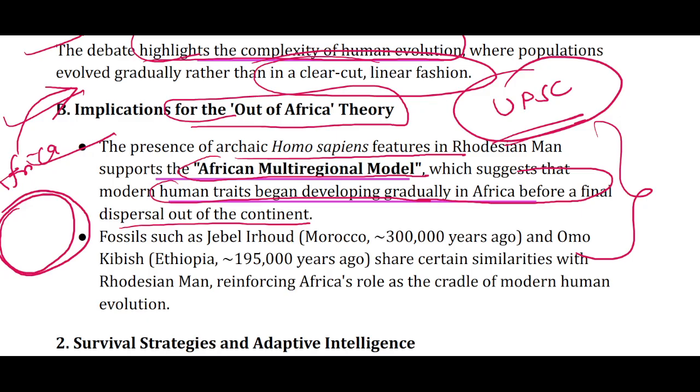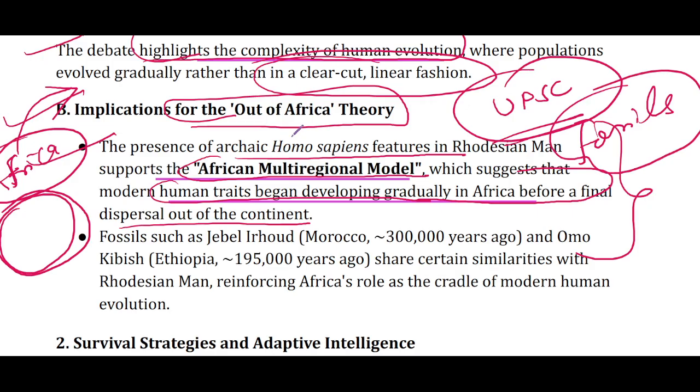Earlier it was believed that most of the advanced traits started developing only after the early hominin species moved out of Africa. But the more fossils are found, or even when we talk about the Rhodesian man, this fossil indicates that such advanced features developed in Africa itself.